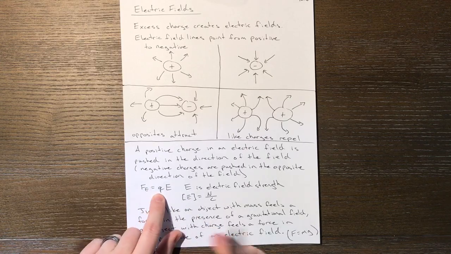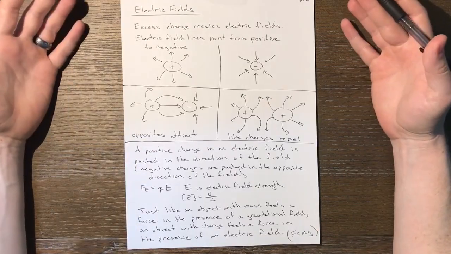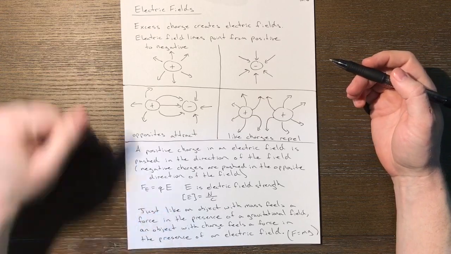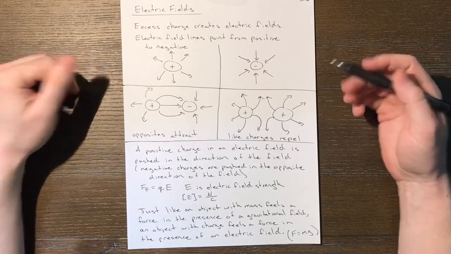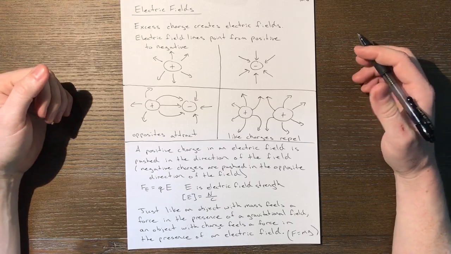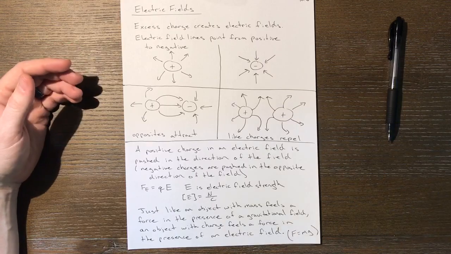You put a Q in it, a charge, it feels a force. So that is just a brief exposure to electric fields. Again, I'm not going to have you use any equations from this chapter, but I want you to understand and be able to picture what's going on when we have discussions about charge. So that sums it up for Chapter 10.